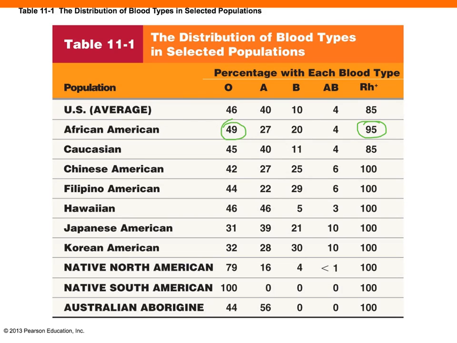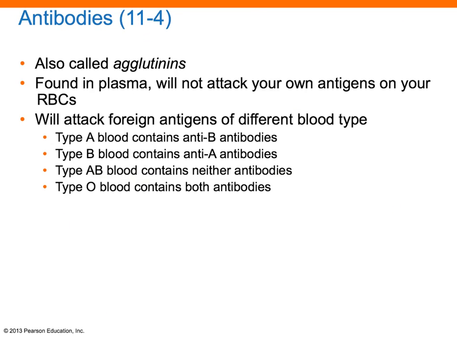Where do you fall? Go ahead and look it through and see where you fall as far as the percentage of your blood type. Now, inside of your plasma, you have these proteins that are called agglutinins, and another name for it would be antibodies. These are found in your plasma, and your agglutinins or antibodies will not attack your own antigens on your red blood cells, but they will attack the foreign antigens of a different type.